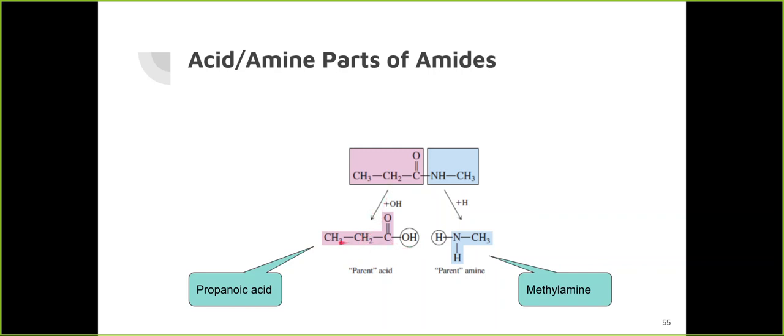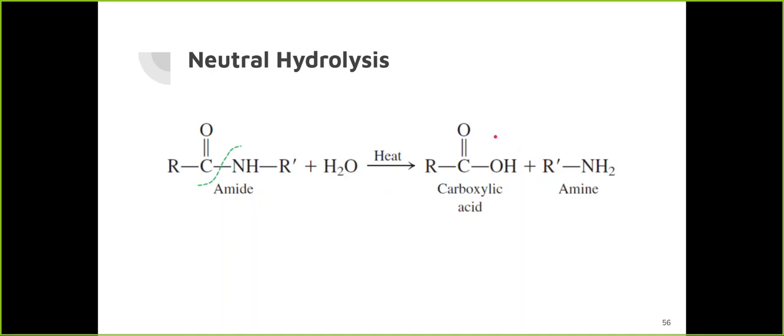In this example, it's propanoic acid. And if we split this and put the H back onto the nitrogen, then you're going to get the parent amine that produced this. In this case, it's methylamine, because you've got this methyl group on it. So there's an acid part and there's an amine part to an amide.